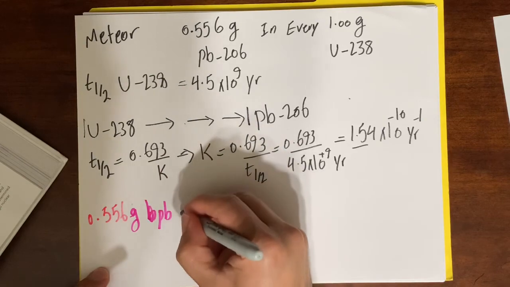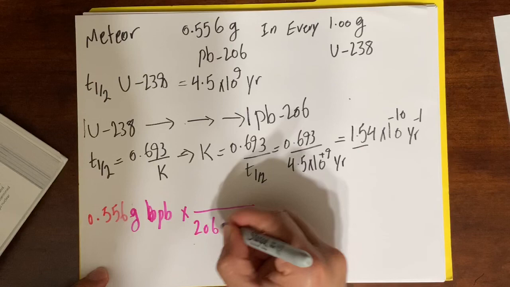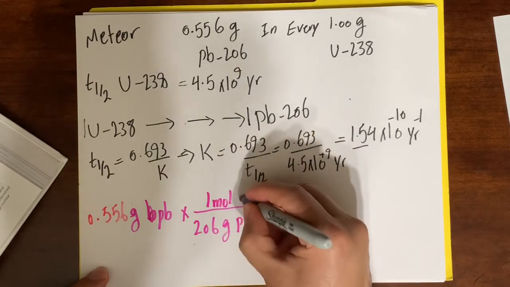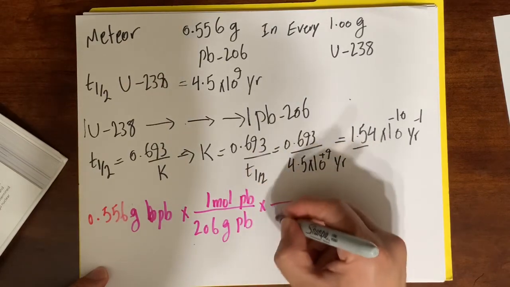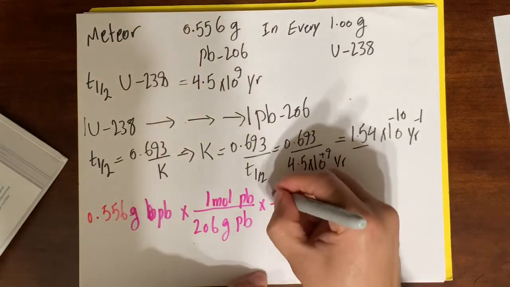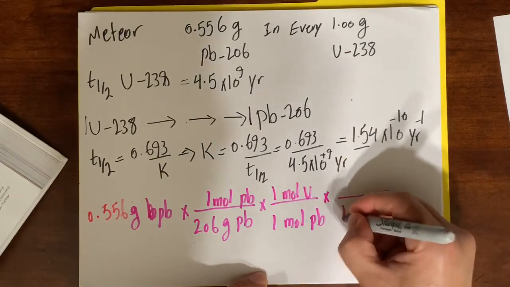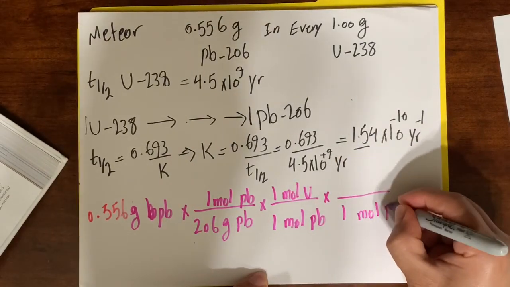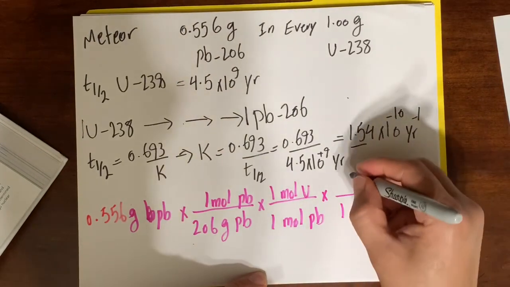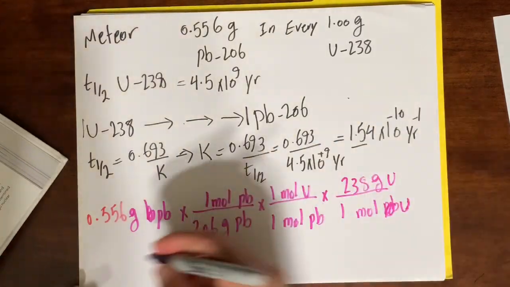So I'm going to divide this by the molar mass, which is 206, equal to 1 mole of lead, and 1 mole lead equal to 1 mole uranium, and 1 mole uranium equal to 238 gram of uranium.